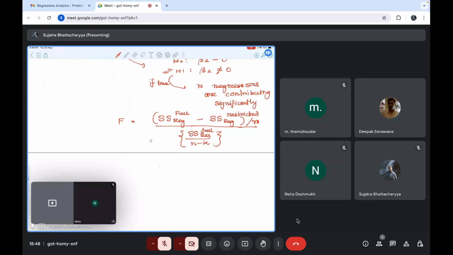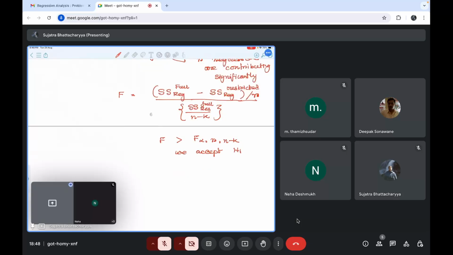Now, if F is greater than F alpha, r comma n minus k, then we accept H1 and say that the r regressors are significantly contributing to the model.